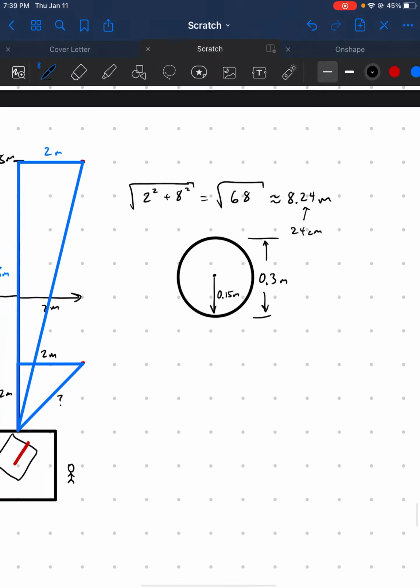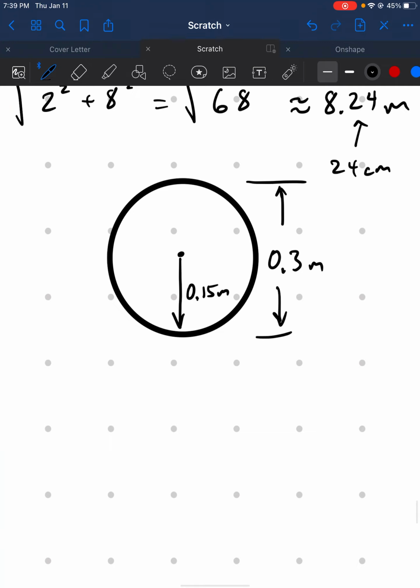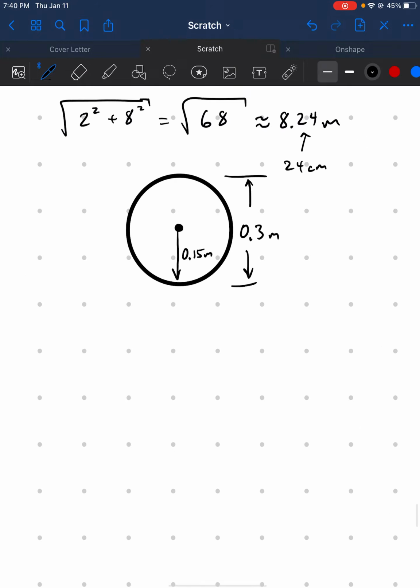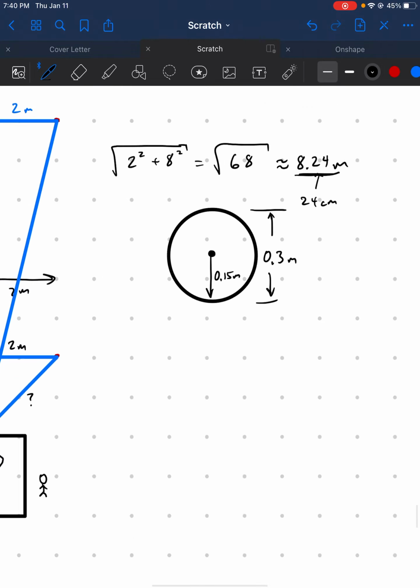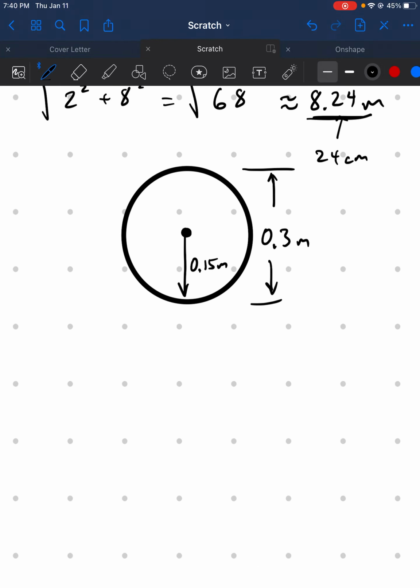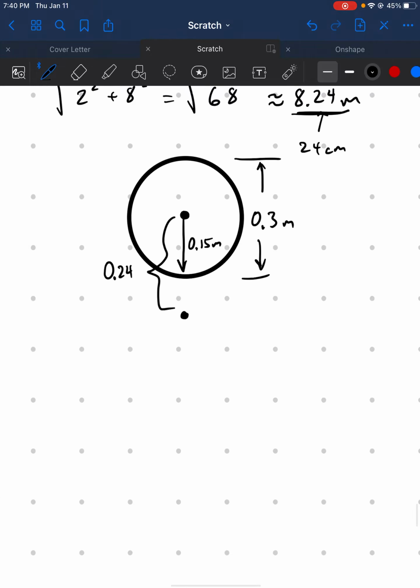So if you initially were going to, let's say, get it perfect right in the center here, but you didn't do this calculation, you would have fallen short 0.24 meters, and you would have missed the bucket by 9 centimeters.